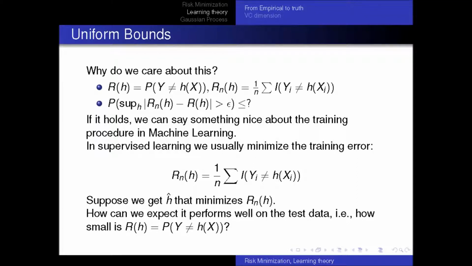So let h star be the function that minimizes the true error R(h). If the following inequality holds, then we can know something. So h hat is what we got after the training procedure. This h hat is trying to minimize the empirical error.